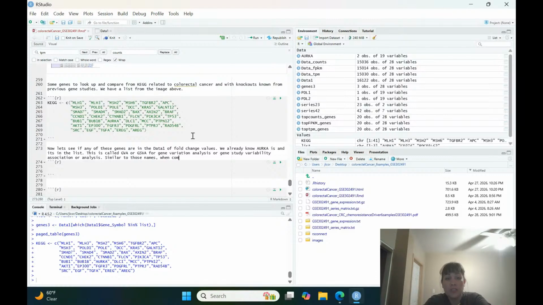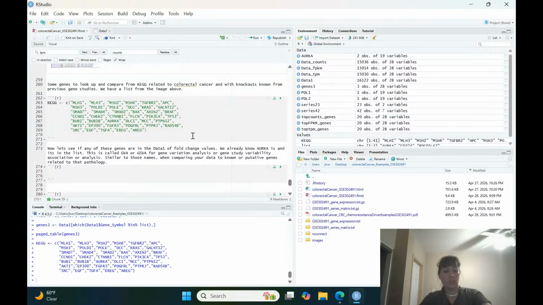It's used when comparing your data to known or putative genes related to that pathology.